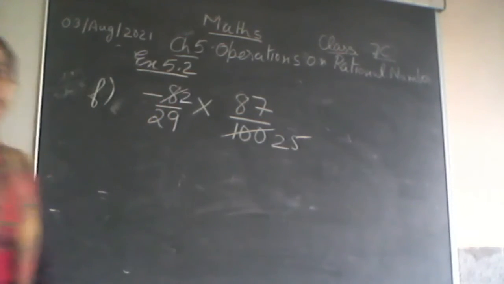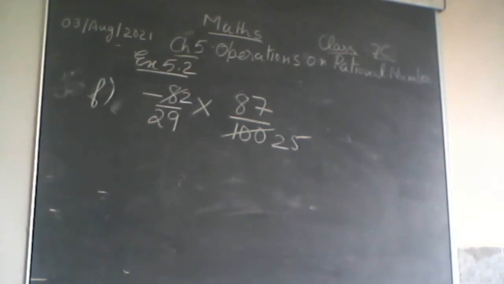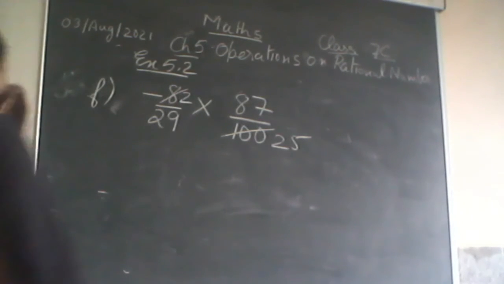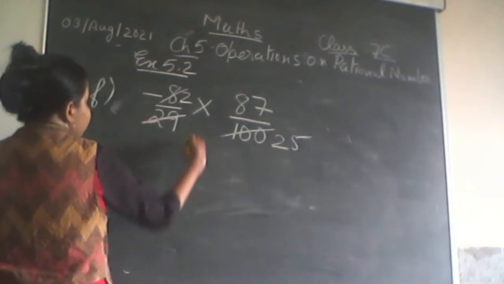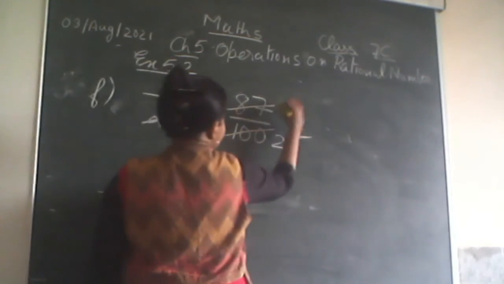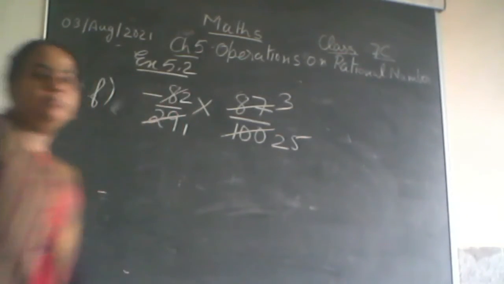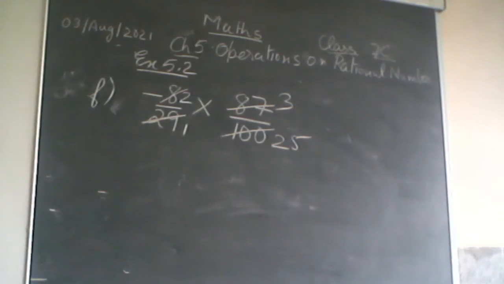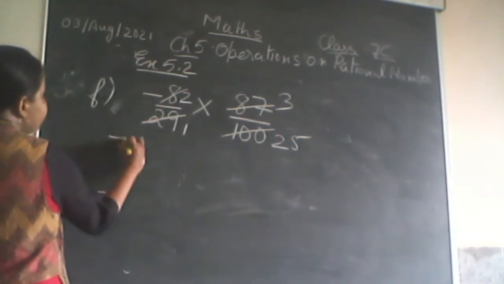Am I correct? You should be very strong in tables for this. 29 1s are 29 and 29 3s are 87. Again tables are helping you, yes or no? The only one thing that will help you is the knowledge of tables. So we are left with what?